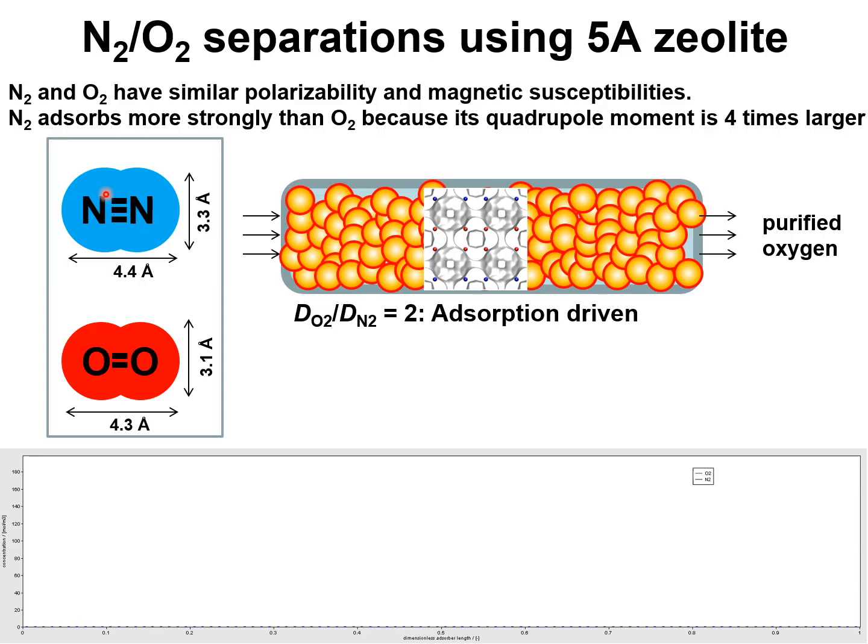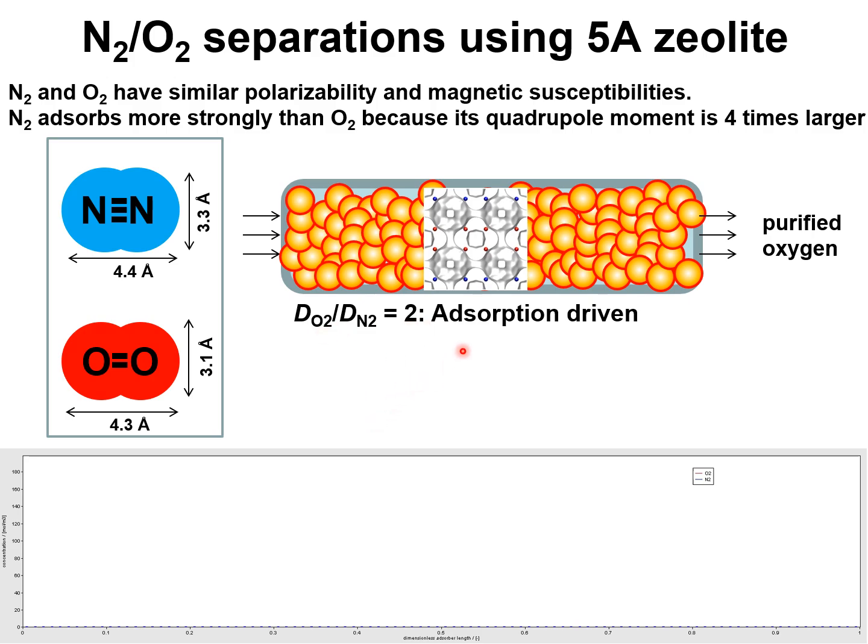If we look at the dimensions of the gas molecules, we note that the cross-sectional dimension for oxygen is smaller than that of nitrogen, and these two molecules hop from cage to cage in a lengthwise manner, and therefore the diffusivity of oxygen is larger than the diffusivity of nitrogen by a factor of approximately 2.